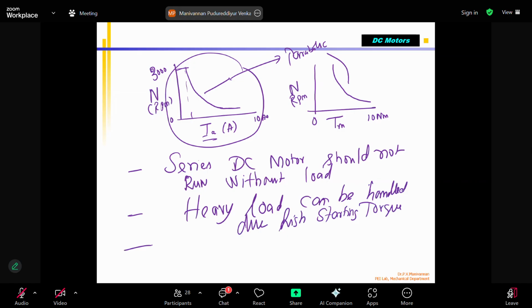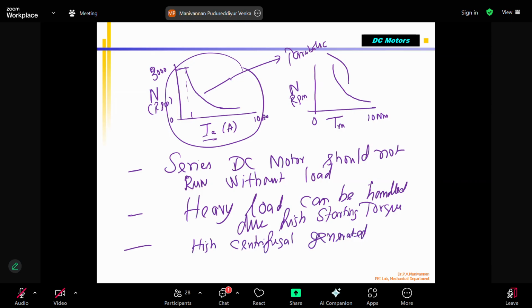With high speed, uncontrolled speed, high centrifugal force is generated. Please note the no load condition. If load is there, the motor has to overcome it.